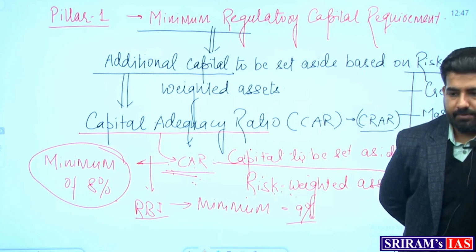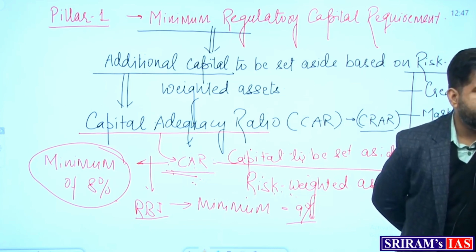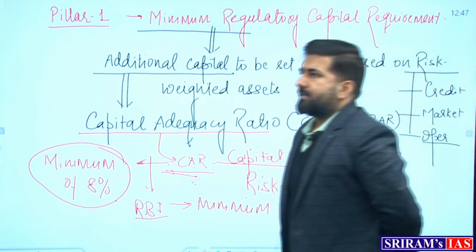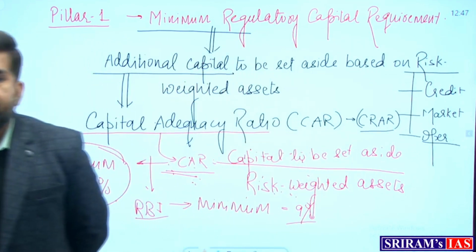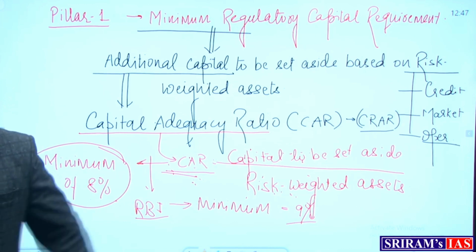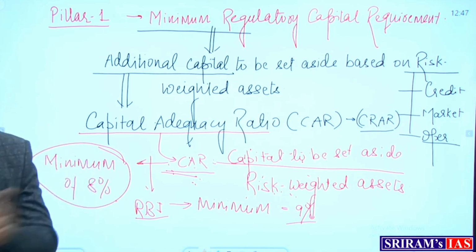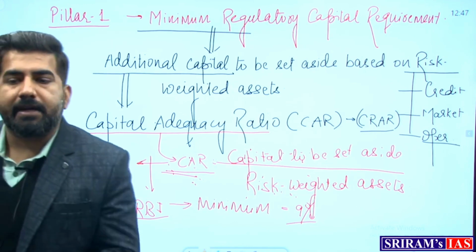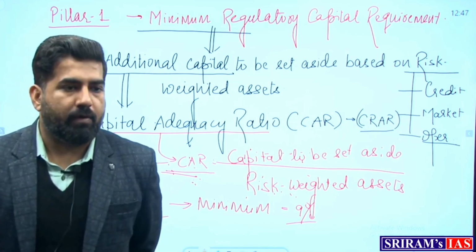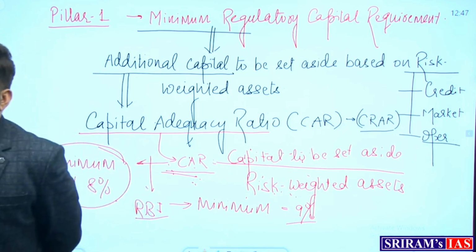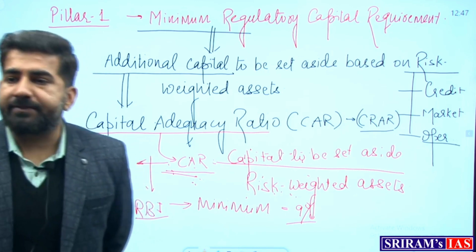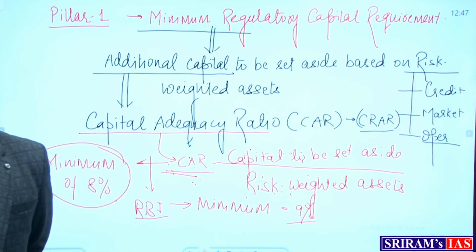Regional rural banks, minimum 9%. देखो, banks का percentage तो नहीं पूछेंगे, but simply it can ask, consider the following categories of bank 1, 2, 3, 4 and then it can say which of the given above banks have to maintain the CAR requirement. Clear? Apart from that, NBFCs also maintain CAR requirement.